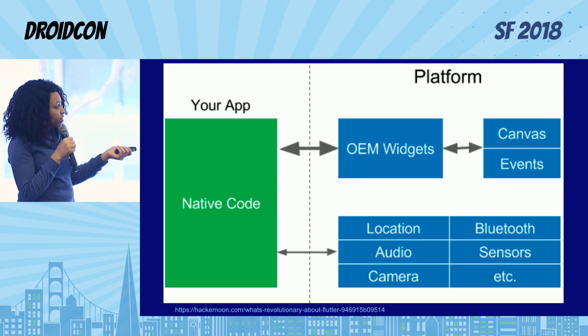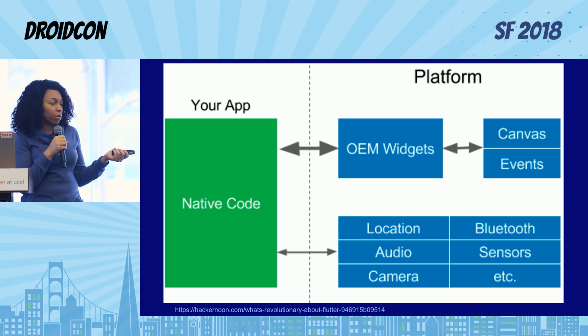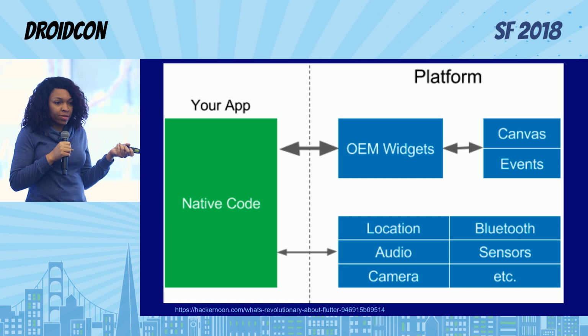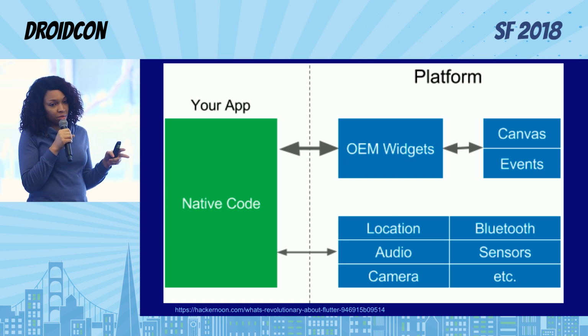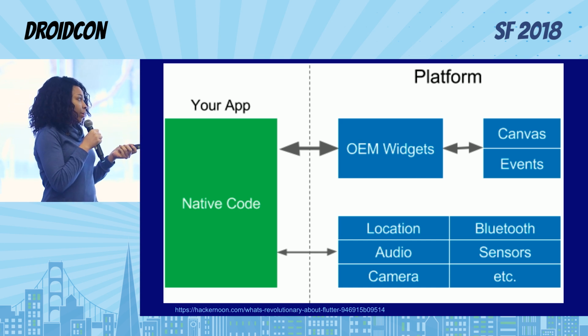You also notice that your app can communicate with the platform code, platform services. But the downside of this is that if I want to have Android and iOS apps, I'm going to have to build it twice. So that's why I'm saying Flutter is one way to go.